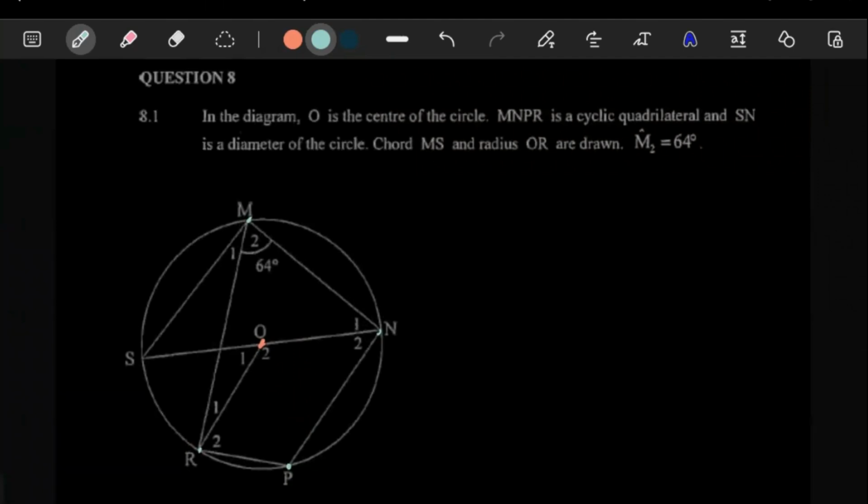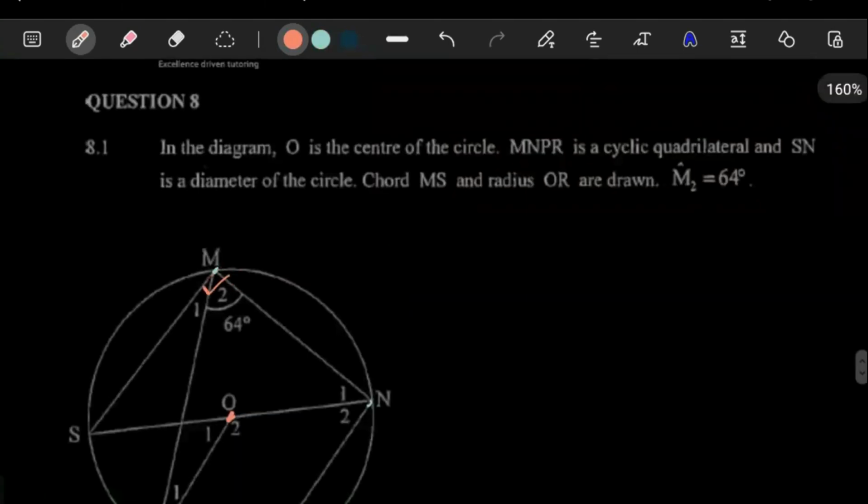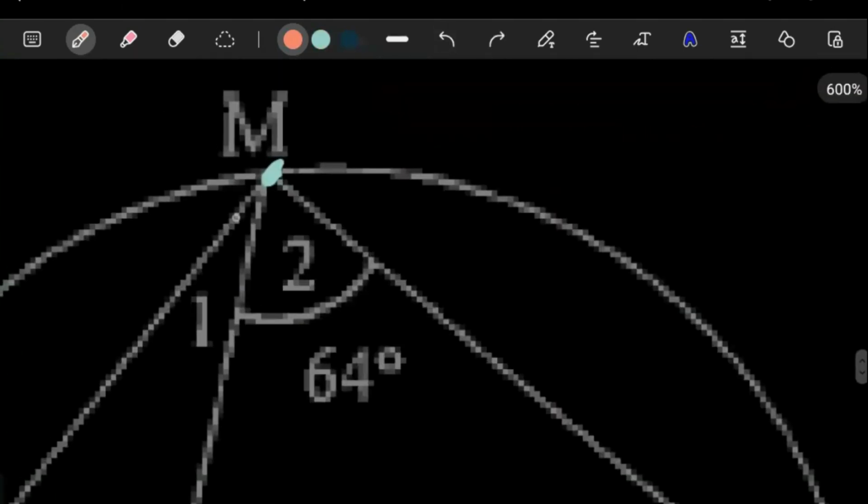So SN being a diameter means that this is a 90-degree angle. So automatically, if this side is 64, the other side, 90 minus 64, is going to be 26. So might as well put that information over there.